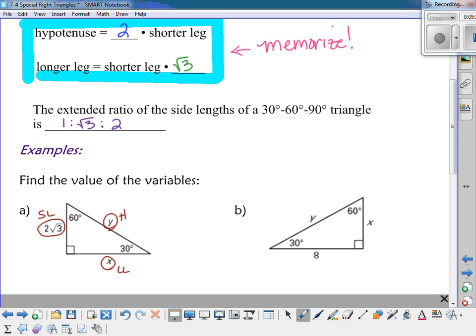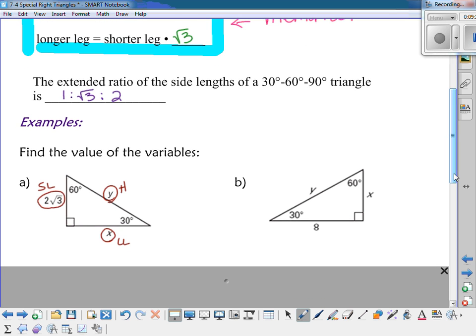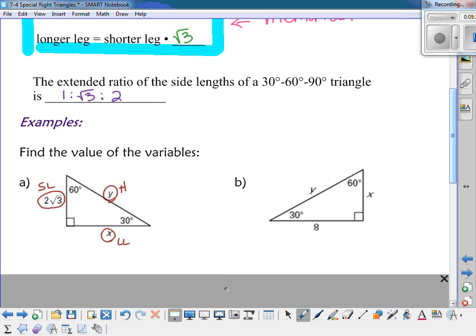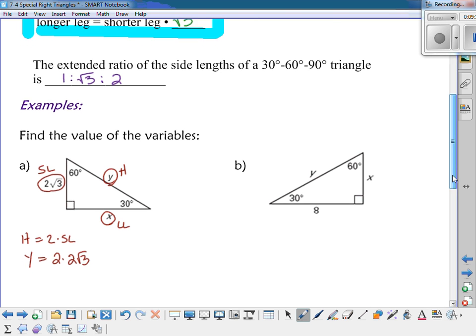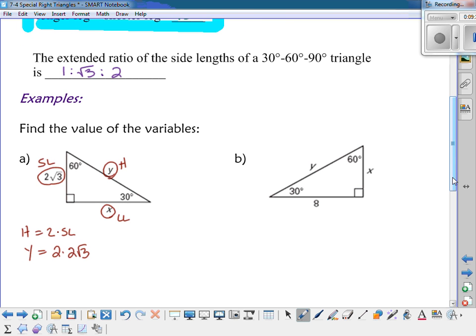So the hypotenuse is twice the short leg. Two times the short leg. So in this case, y is going to equal 2 times 2 root 3. And then that would just be 4 root 3.